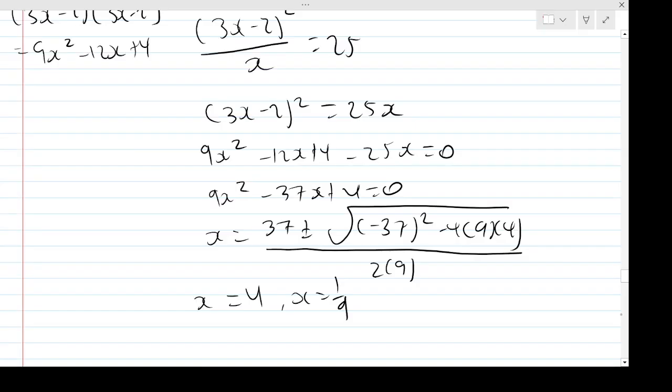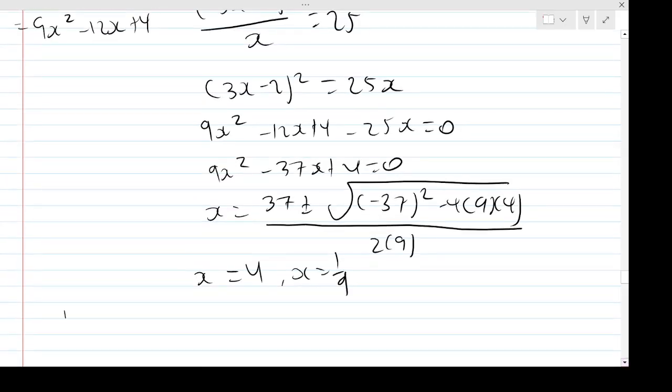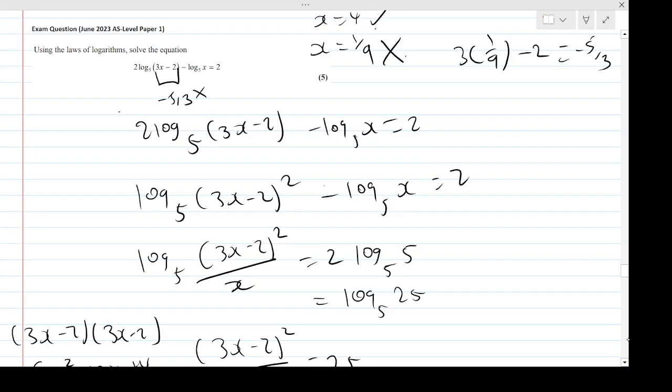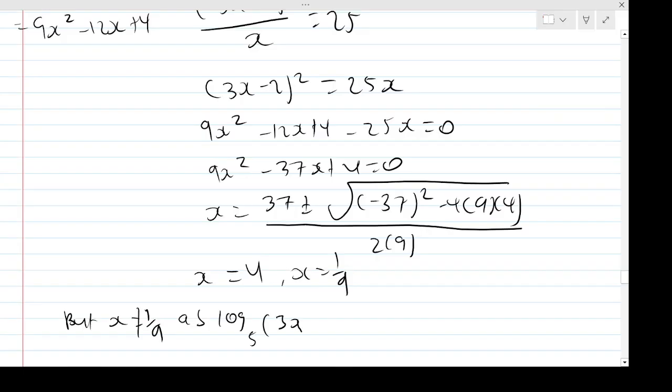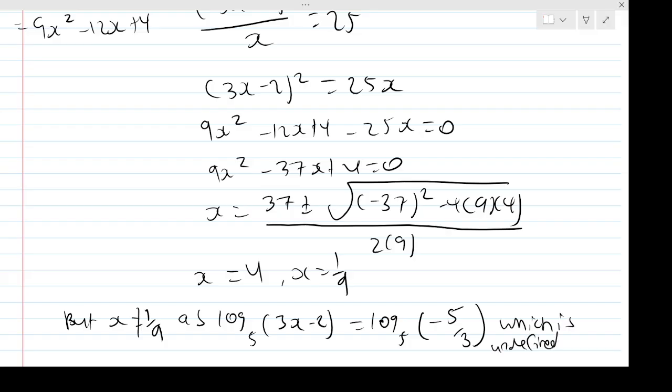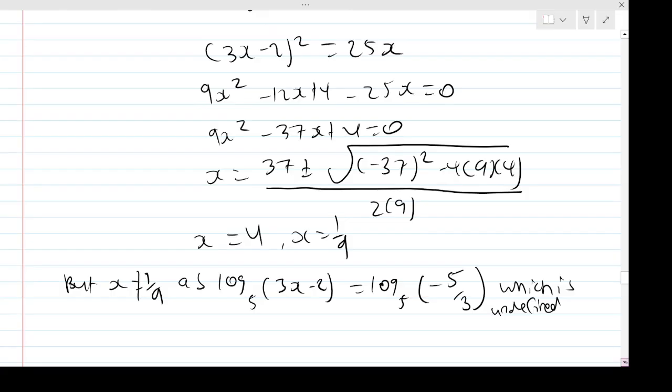So I'm going to say, but x cannot be a ninth as log, what was the log? Log 5 of 3x minus 2 is equal to log 5 of minus 5/3, which is undefined, as logs cannot take negative inputs or negative values.